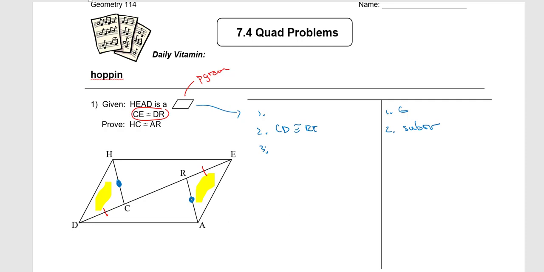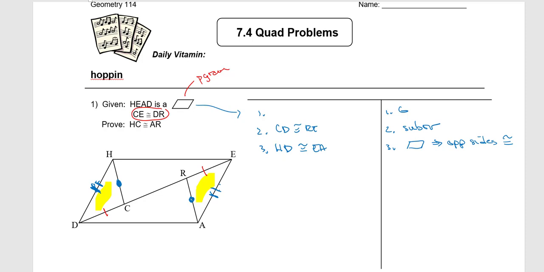And now I can go ahead and do some things with the parallelogram. I know that HD has got to be congruent to EA, because if I have a parallelogram, then the opposite sides are going to be congruent. So I have this congruent to this.